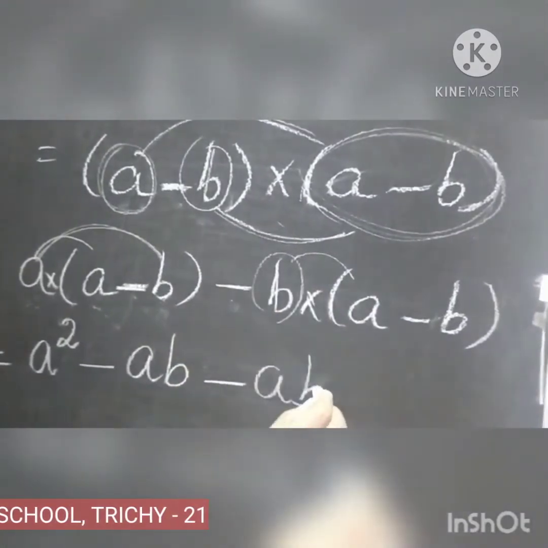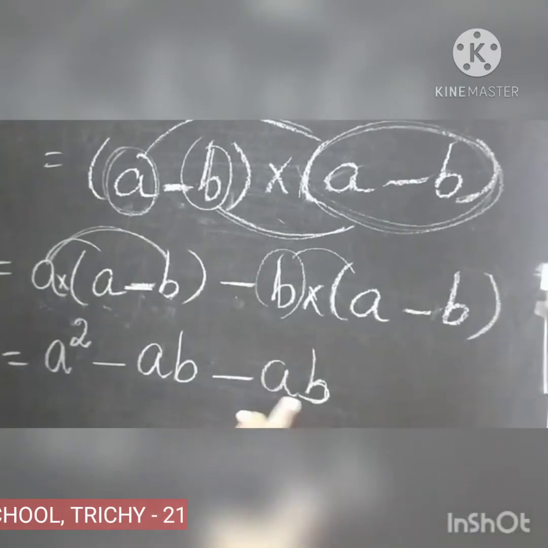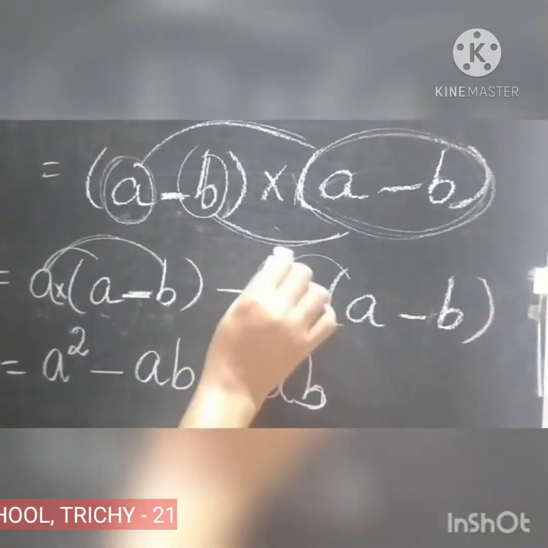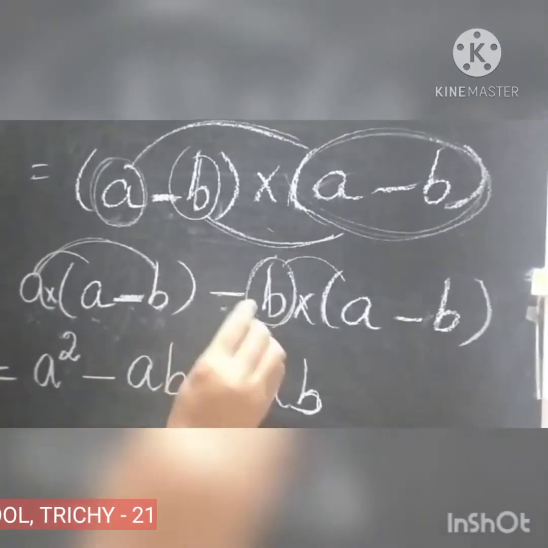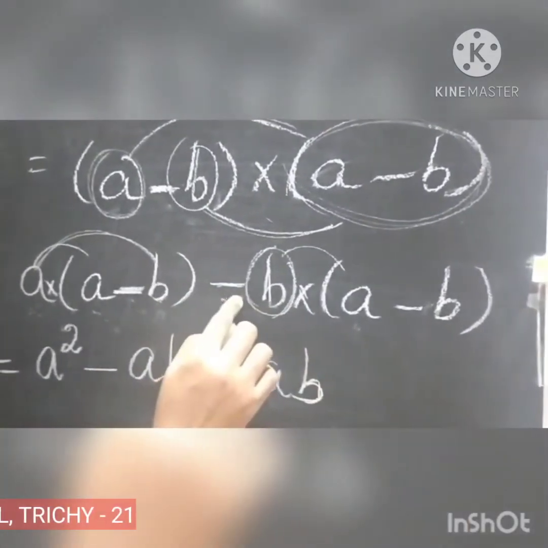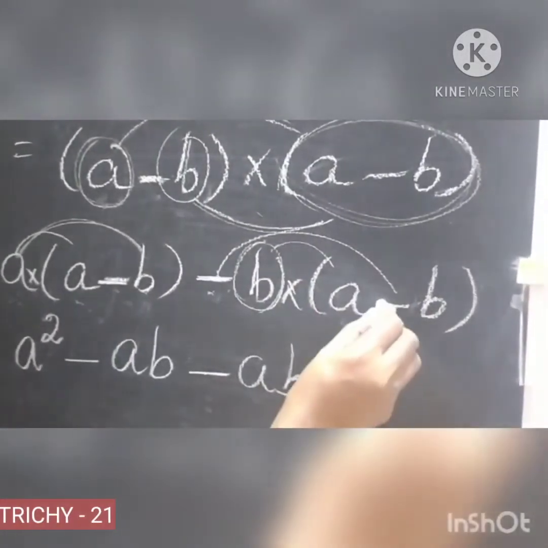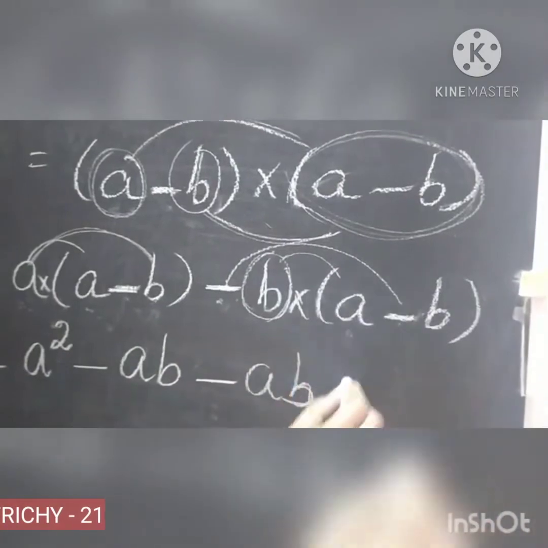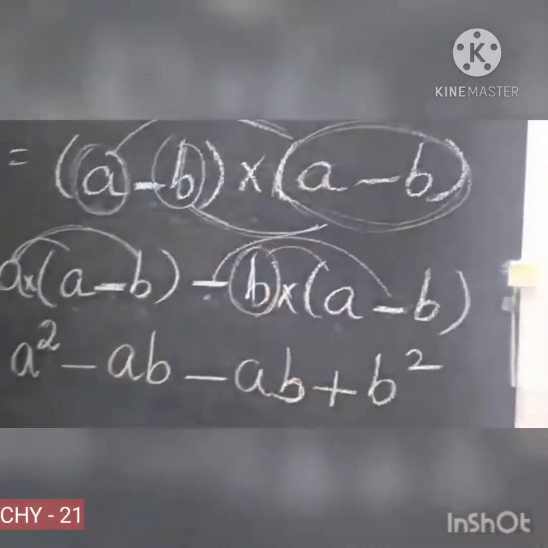Whatever it is, ba or ab, both are same, so minus ab. So multiply b with the sign, the minus sign is there, minus b into a, so minus ab. Next one, minus into minus: outside one minus, inside one minus, minus into minus is plus, b into b, b squared. Is it clear?